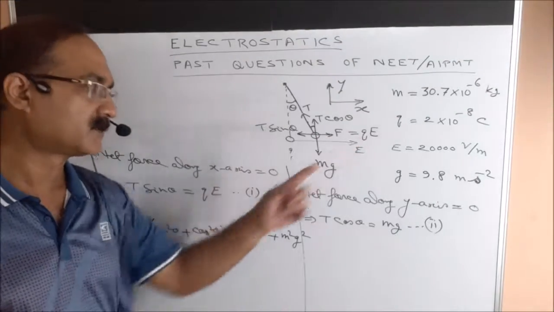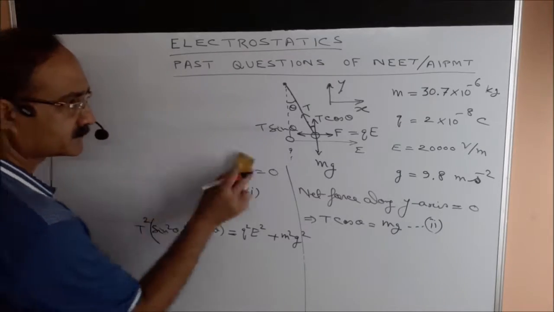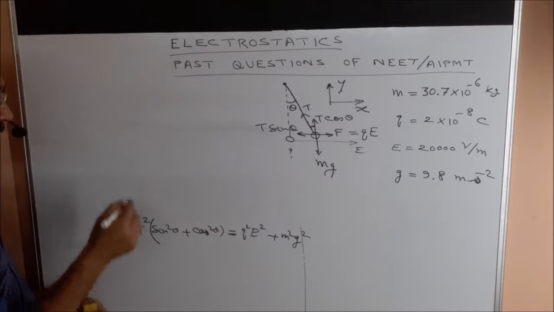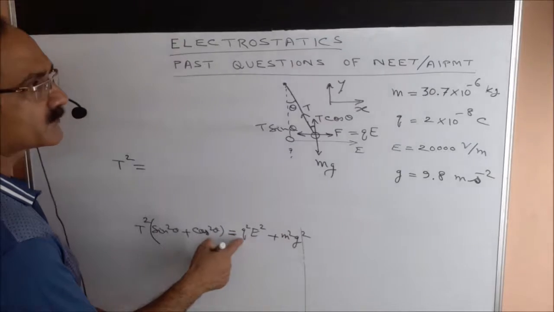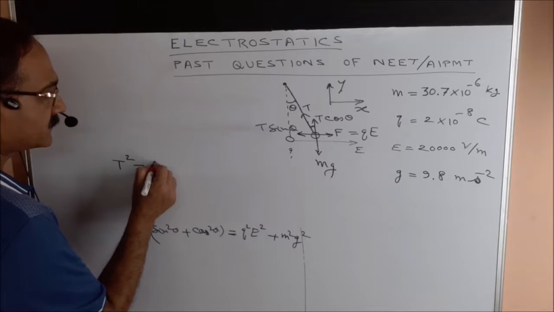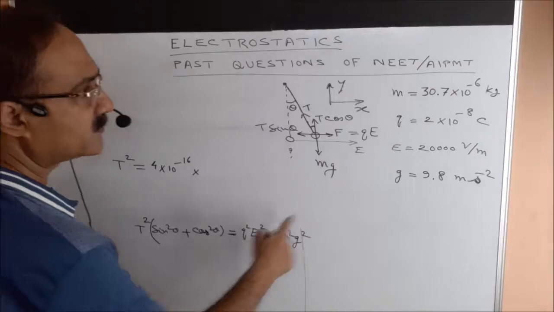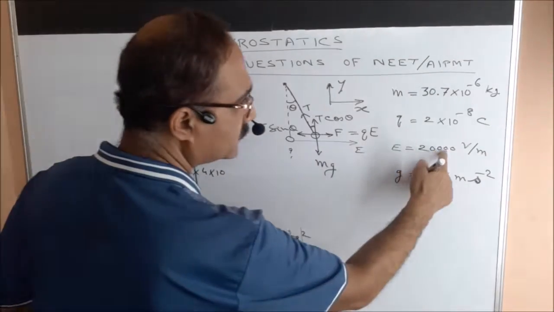Now let's substitute the values and calculate. So from here, T square will be equal to Q square, that is 4 into 10 to the power minus 16 into E square, that is 4 into 10 to the power 1, 2, 3, 4.